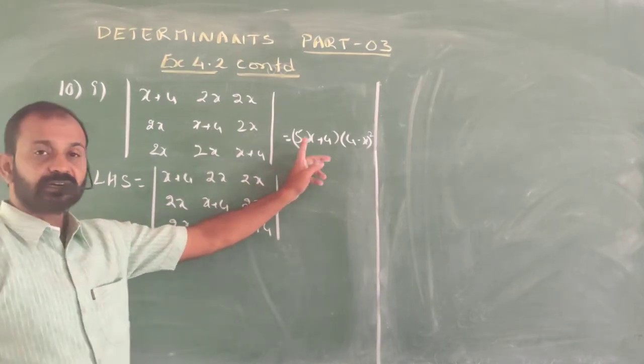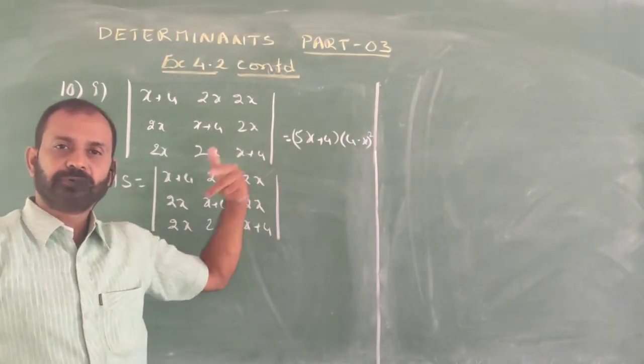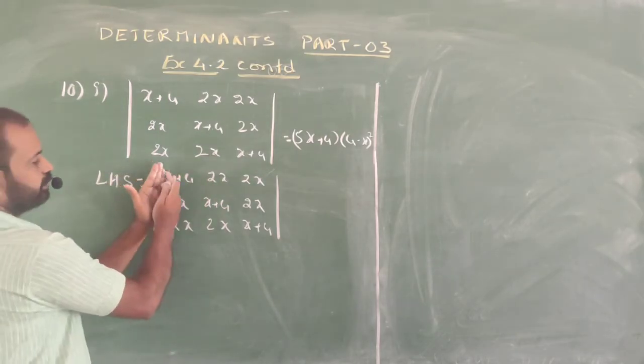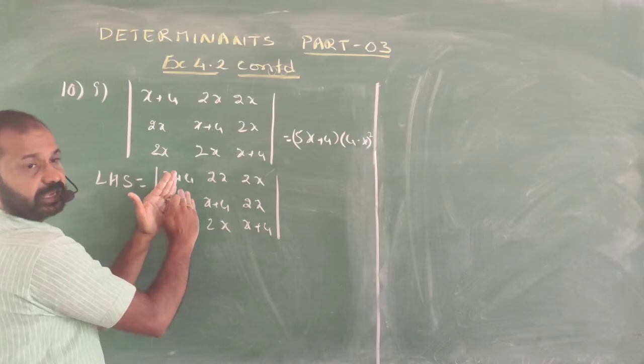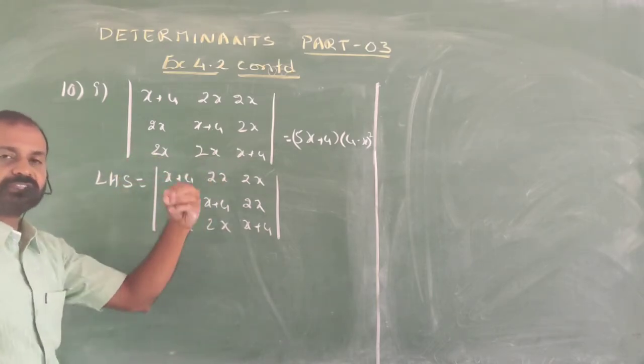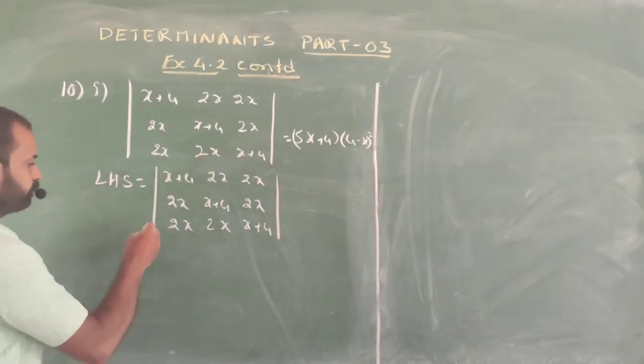What is here? 5x plus 4. So how do you get 5x plus 4? Either you make C1 as C1 plus C2 plus C3, or you can make R1 as R1 plus R2 plus R3. Whichever is convenient for you, you can go for that method.